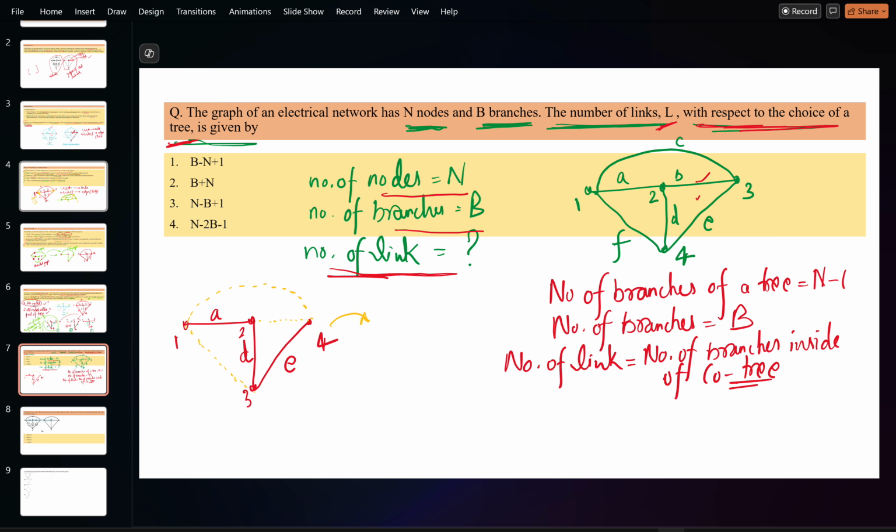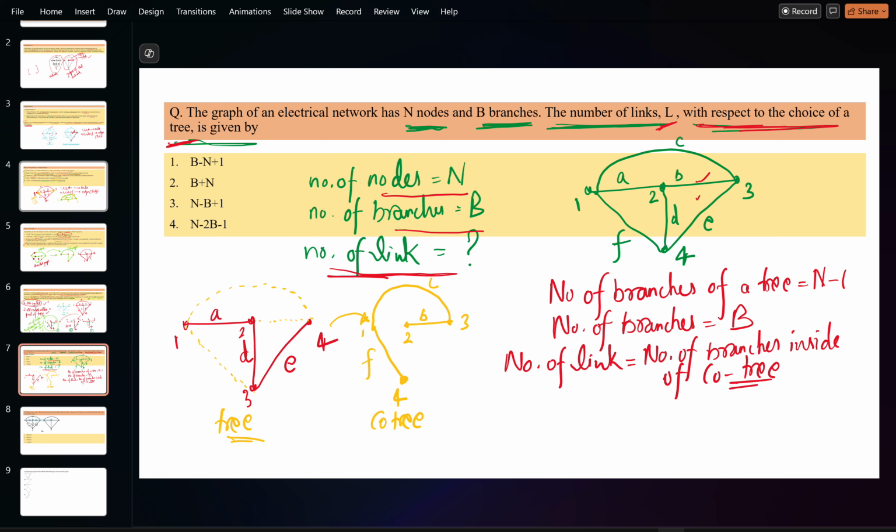When you draw this again, that is the left part. What are the branches here? C, F, and B, and these are the nodes 1, 2, 3, 4. So this is the core tree, and this is the tree.